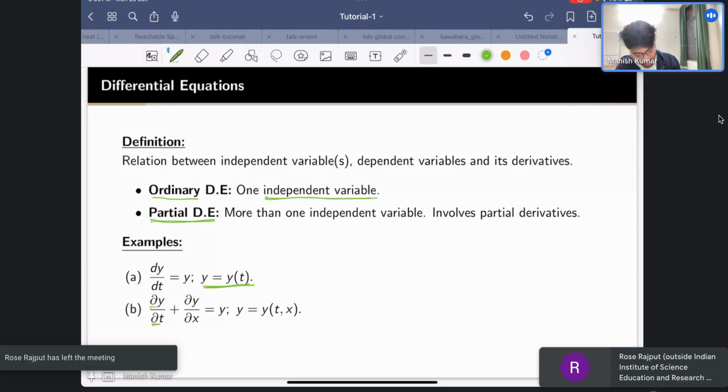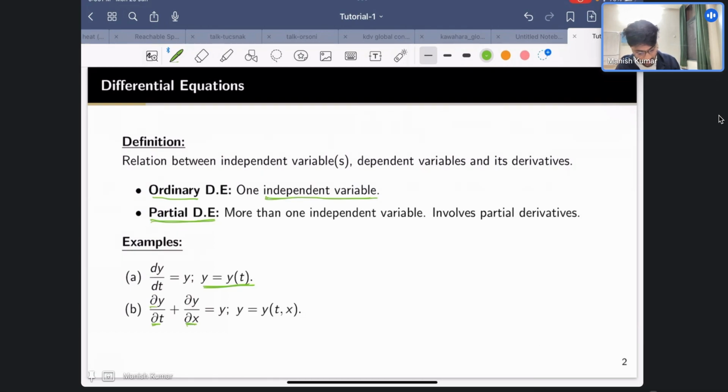Del y by del t means that you are differentiating y partially with respect to t, and partially with respect to x. This is the transport equation, a hyperbolic partial differential equation. It is a partial differential equation because y is a function of two or more variables and the equation involves derivatives of both. So this is what a differential equation is.